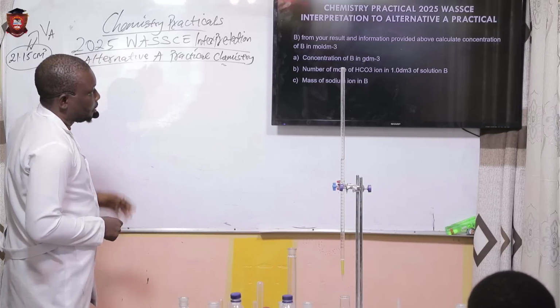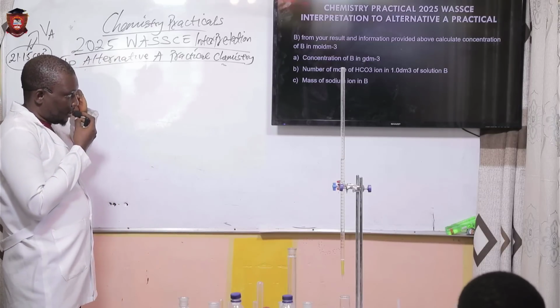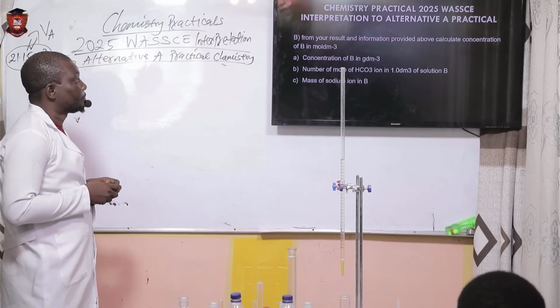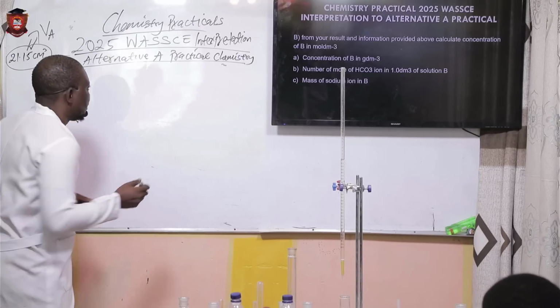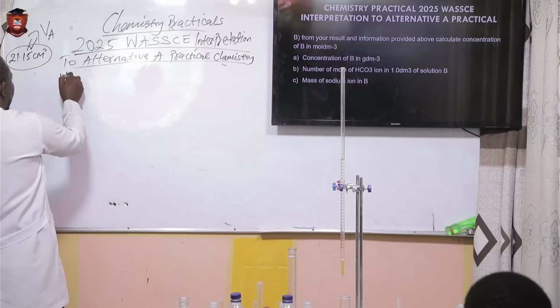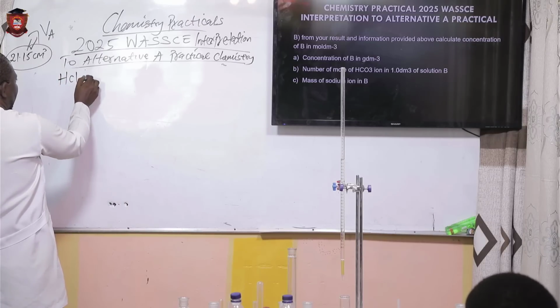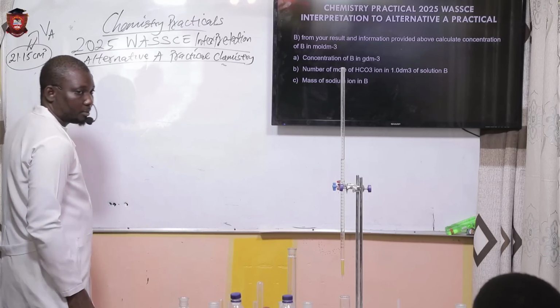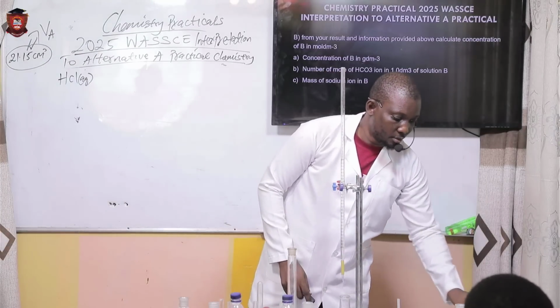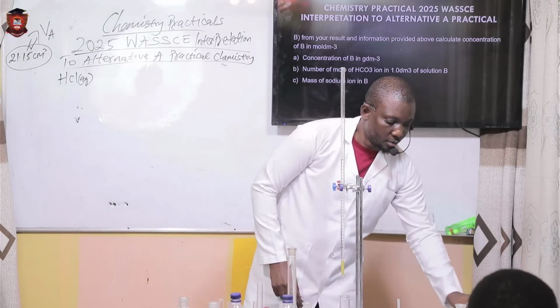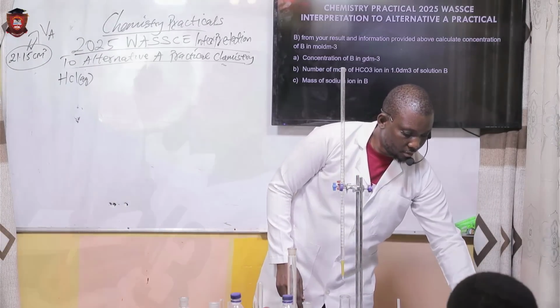Now, if I were you, before I answer this question, I'll first of all look at the two reactions. The two reactions are HCl, which is in aqueous form, isn't it?